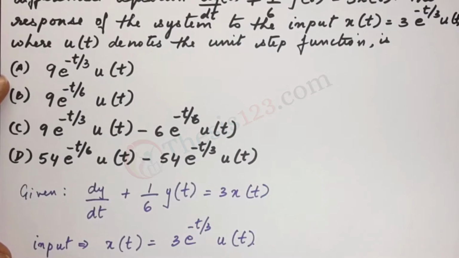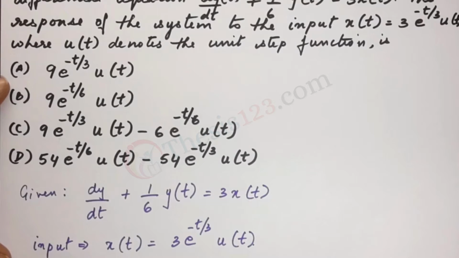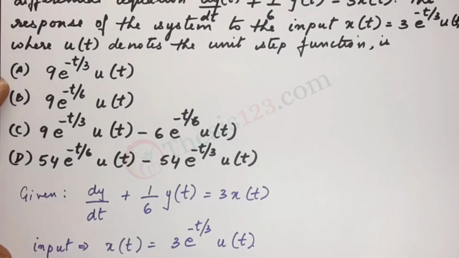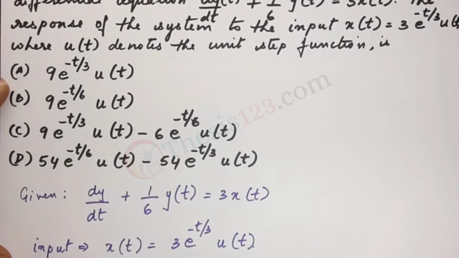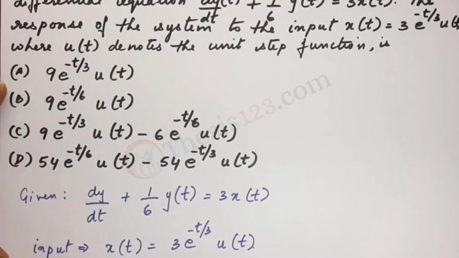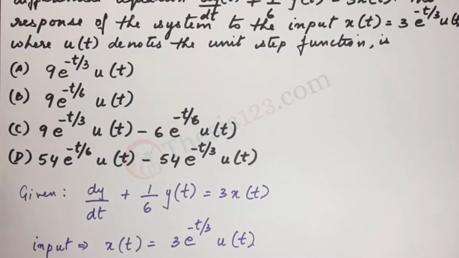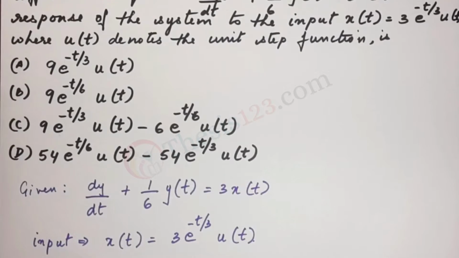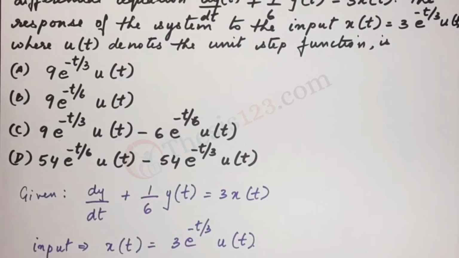Okay, so one way of solving this is to first use Laplace transforms, convert it into the s domain, and then use inverse Laplace again to get the final equation. So let's do that. I'll just take another sheet of paper and we'll begin.